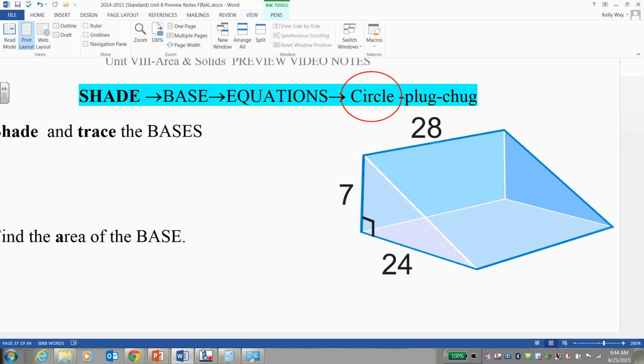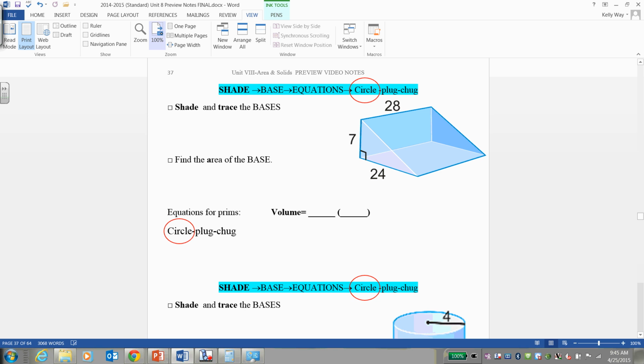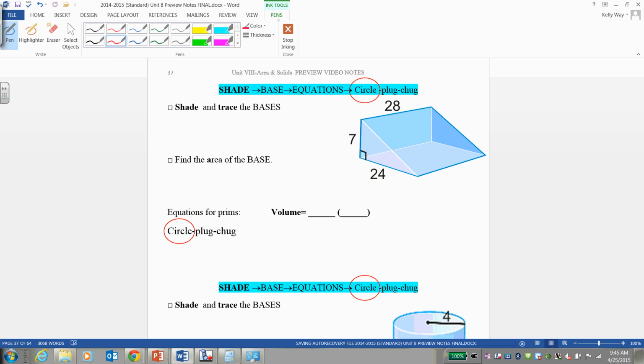Let me see if you can spot those. Okay, you should have shaded this. We shade the base. These are your two bases. They are right triangles. So step one, we shade the base, and then I'd like you to pull it out so you know what it looks like. That's your base.